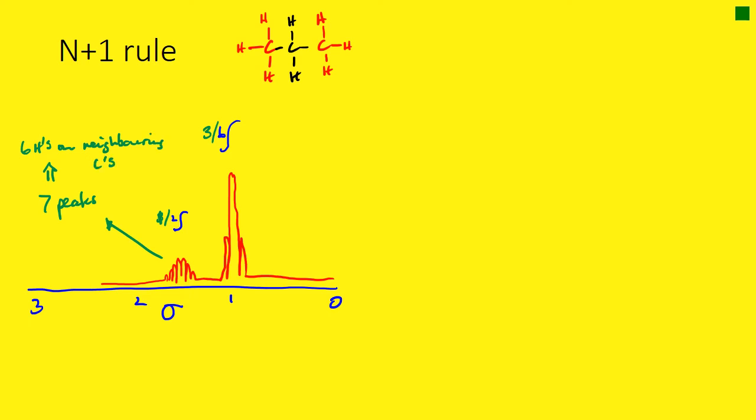That's what that leads you to believe. And here we've got 3 peaks, and that leads you to conclude that there are 2 hydrogens on the neighbouring carbon.